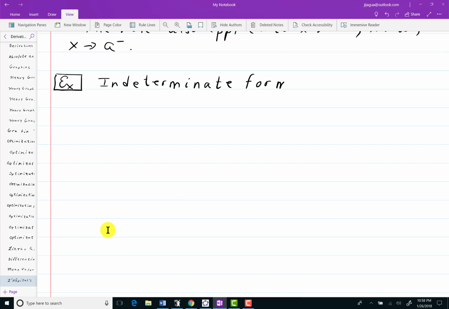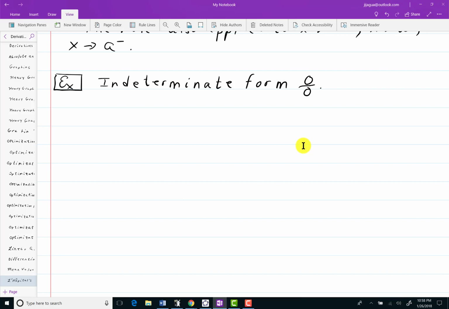This one will have the indeterminate form of 0 over 0. What that means is that when you try to plug in the numbers, you'll get a 0 over 0 type of expression, and from that you're not able to determine a numerical value. We don't know what it is until we do more work.